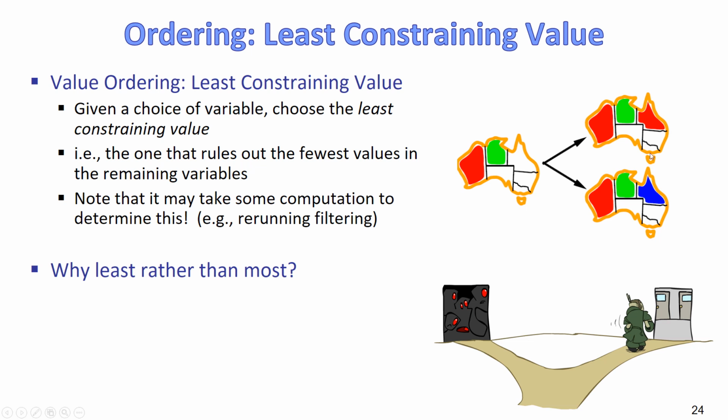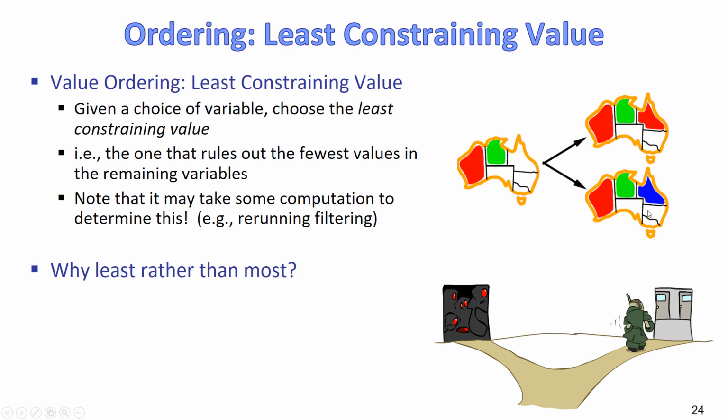For each value, we see how many values in the domains of the unassigned variables were crossed out, were removed, because we assigned a value here. Of course, this is in simulation. So we have to do some computations here, and we have to repeat that for every value. We'll repeat that for red. Let's say that for red, we found that we need to remove 2 values.